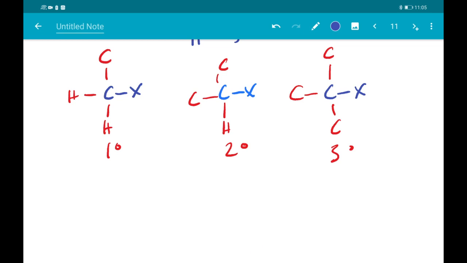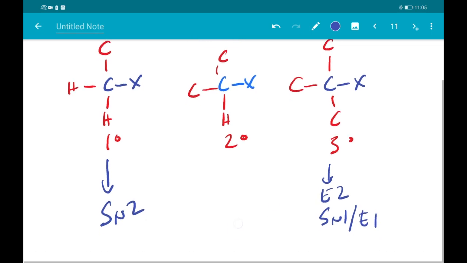For instance, the primary will always prefer the SN2 reaction. The substitution reaction will take place. For the tertiary, it will prefer the elimination or perhaps SN1 and also E1 reaction.